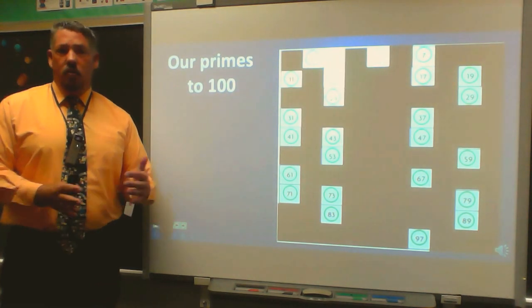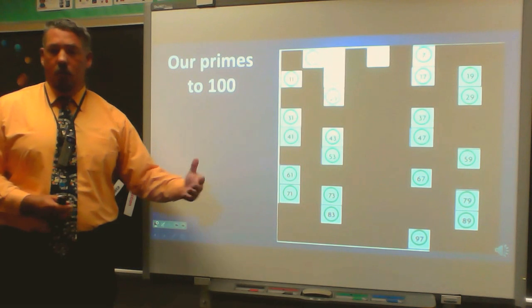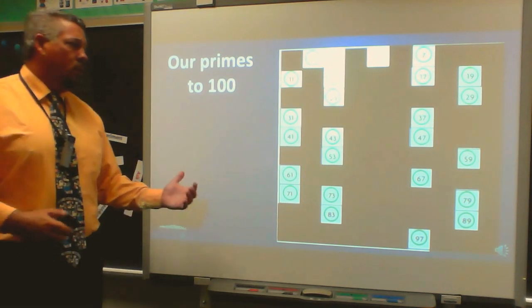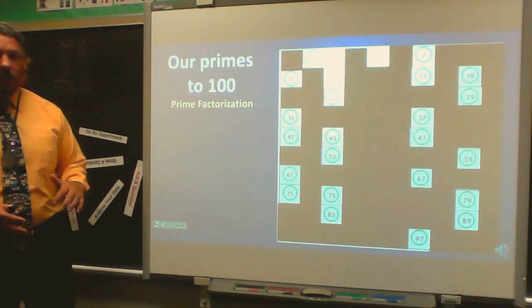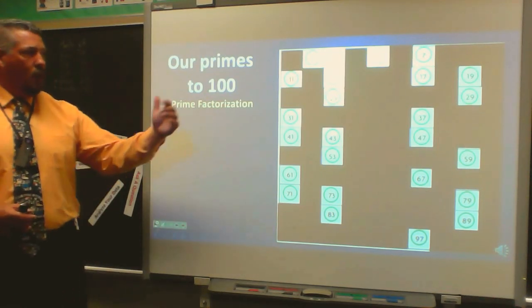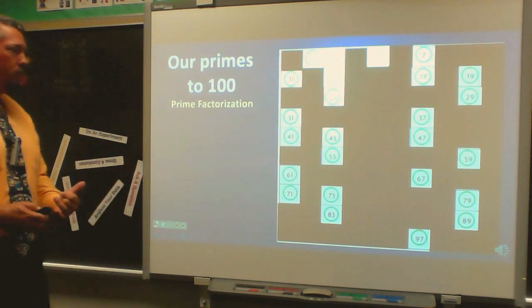Now, when you get into the higher grades, you're going to use some of these larger prime numbers when you do prime factorization. Okay, so don't think that you will never use them. But in 6th grade, very seldom do I go to the 13, the 17, or the 19 in my prime factorization problems.